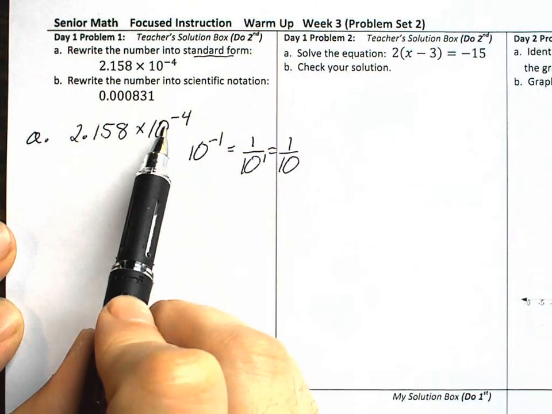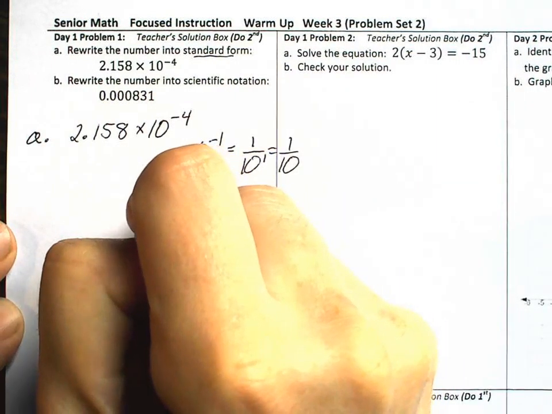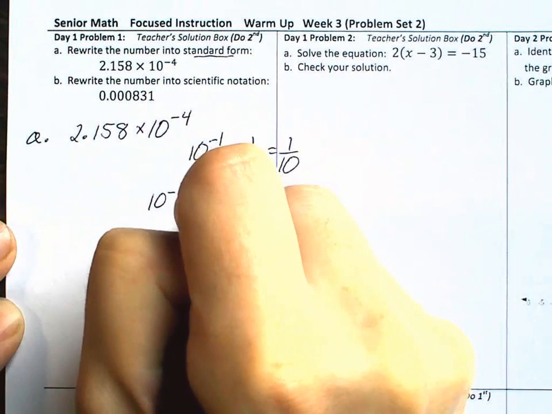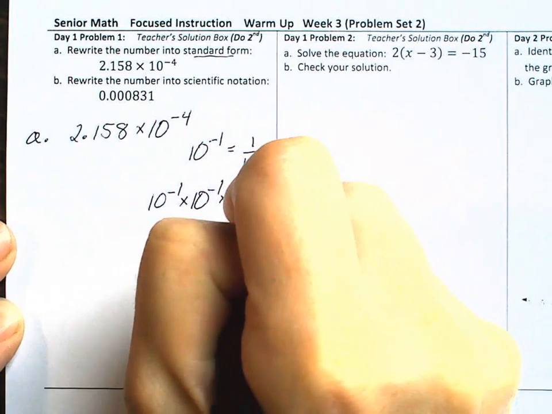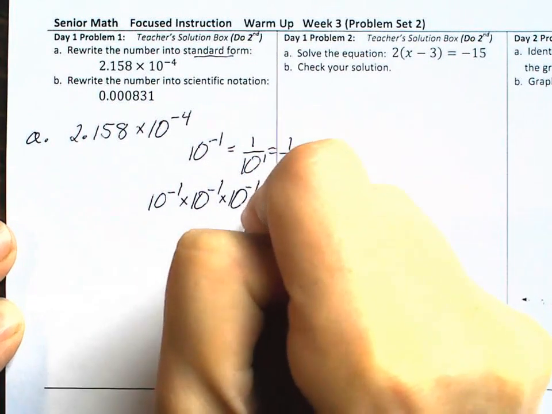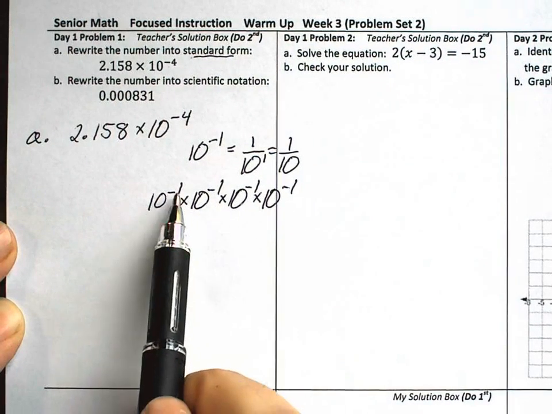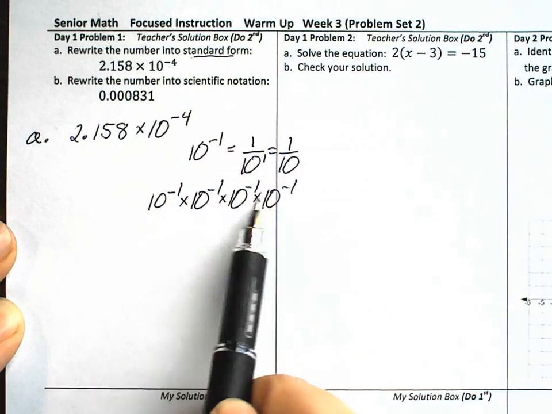Okay. So let's think about what 10 to the negative 4 power would mean. That would mean we have 10 to the negative 1 times another 10 to the negative 1 times another 10 to the negative 1 times another 10 to the negative 1. We have 4 10 to the negative 1 powers being repeatedly multiplied together.